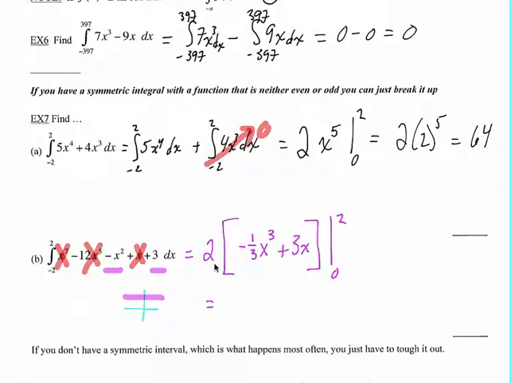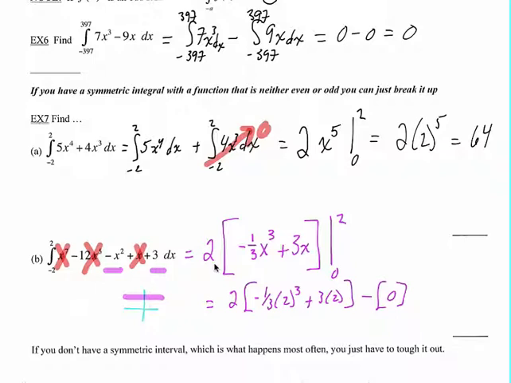So then this is going to end up being 2 times negative 1/3 times 2 cubed plus 3 times 2, minus, and this last piece is going to be 0.